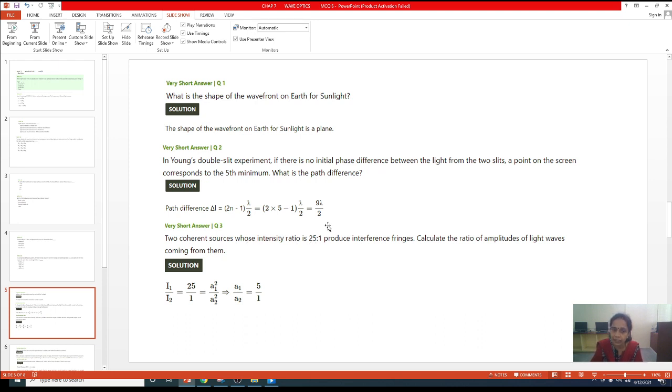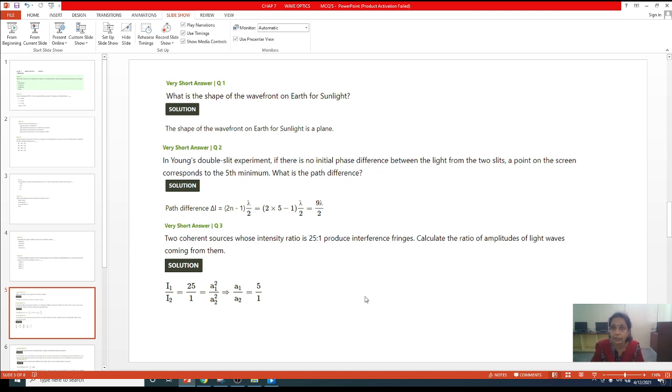I1 is the intensity of the first source, I2 is the intensity of the second source. Therefore, I1 upon I2 is equal to 25 upon 1. And we have to calculate the ratio of amplitudes, A1 upon A2.